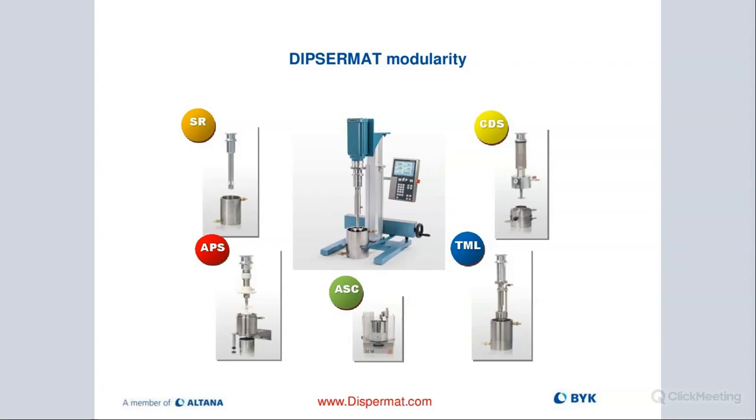And then all these other pictures basically show you these different attachments that will fit right onto our CA in this case. So we can add a rotor stator. We have a vertical bead mill on the bottom left that's called the APS. We have a wall scraper system for very viscous materials.